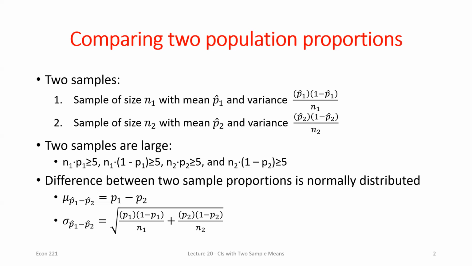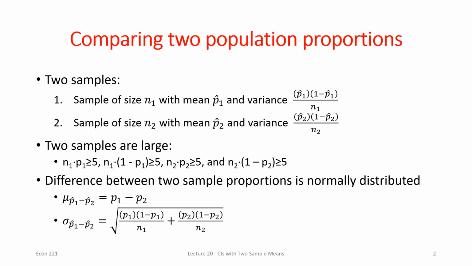Then if that's the number of standard deviations I want to go, I'll multiply that by the standard deviation of that difference in sample proportions. The variance of the difference in sample proportions is just the variance of each one added together, and then to get the standard deviation, we take the square root. The only difference is that it should follow whatever the true population proportion is, but we can't observe that. So we're going to use our best guess, which is the sample proportions that we see.